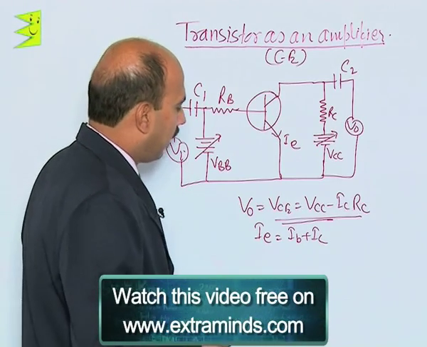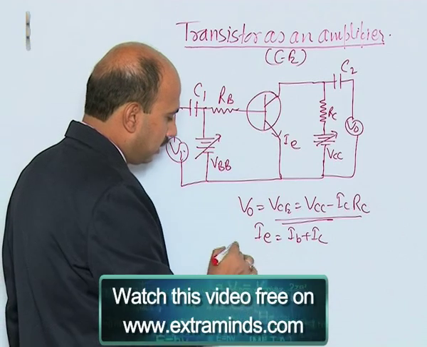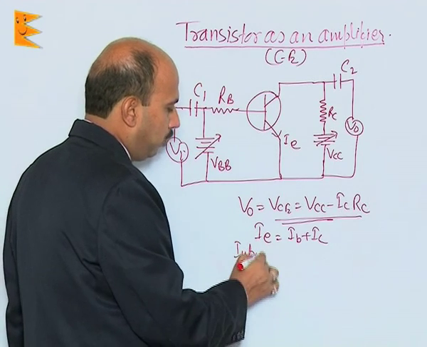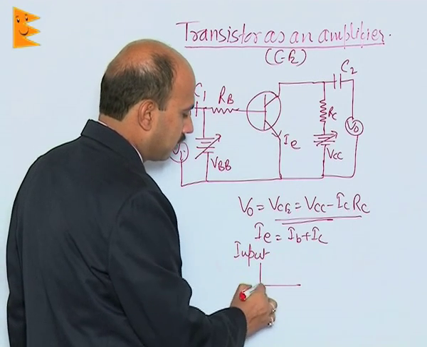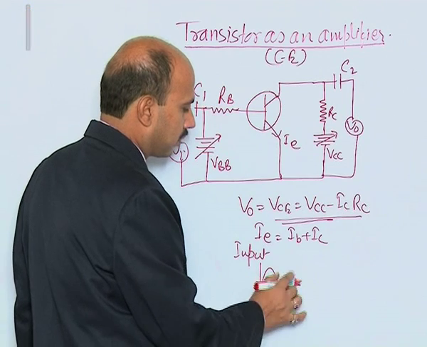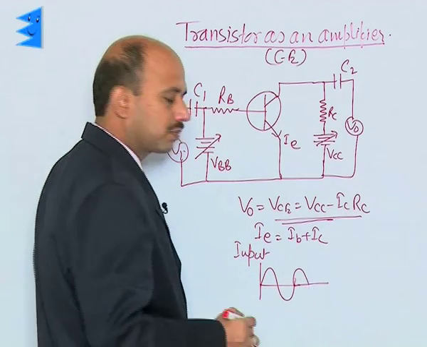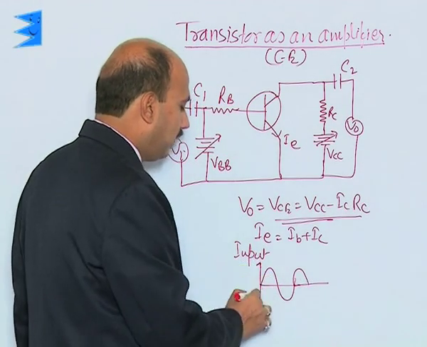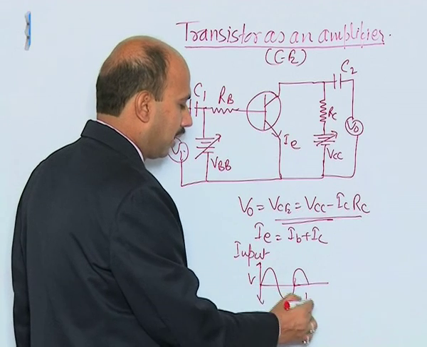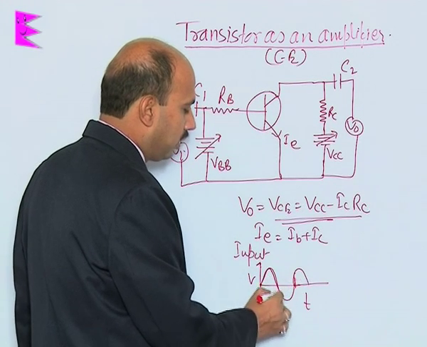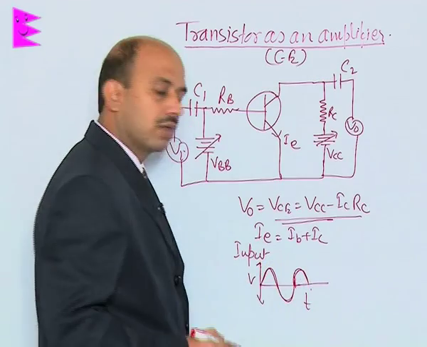Suppose the input signal I am taking from here, I have taken it like this. This is the voltage we have taken, say Ri, with time. So this is an alternating voltage like this.